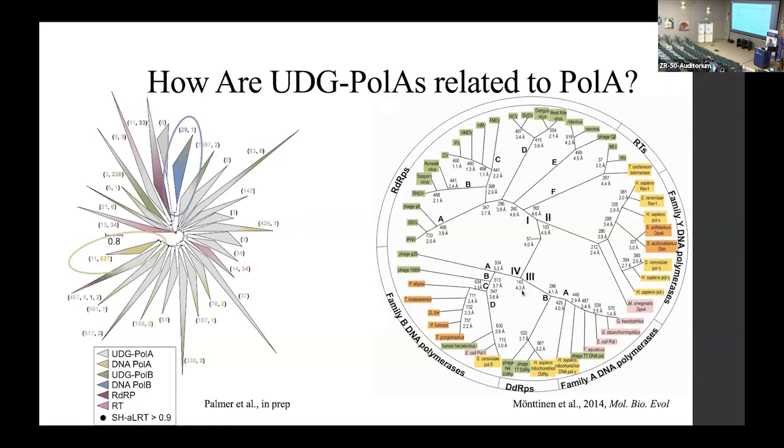So the question is where exactly the fusion is occurring, and do we have a tree with and without it. This tree is just with the palm domains of the polymerase, because if we were trying to do the tree of the whole gene, of course the UDG polymerases would group together. So we cut the UDG part out, which is at the beginning of the gene, and worked with just the palm domain.